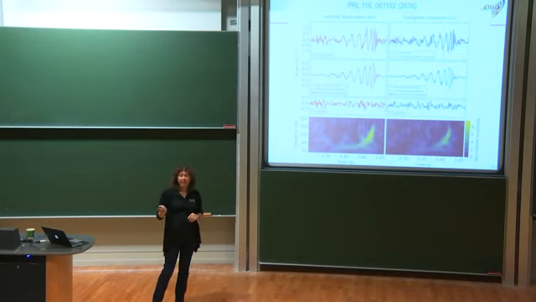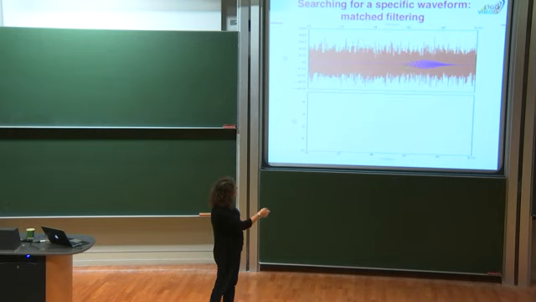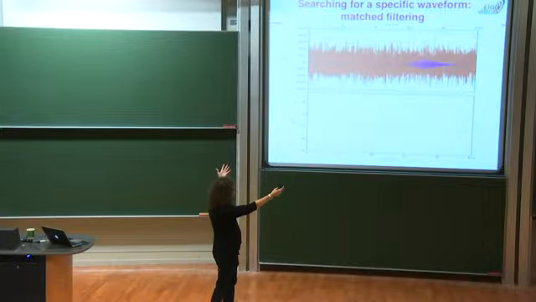But the actual search is done with matched filtering. And this is a very well-known statistical technique that assumes that if you have a waveform in the data, it might be smaller in the data, so you don't see it. The RMS is smaller, you don't see it in the time series.